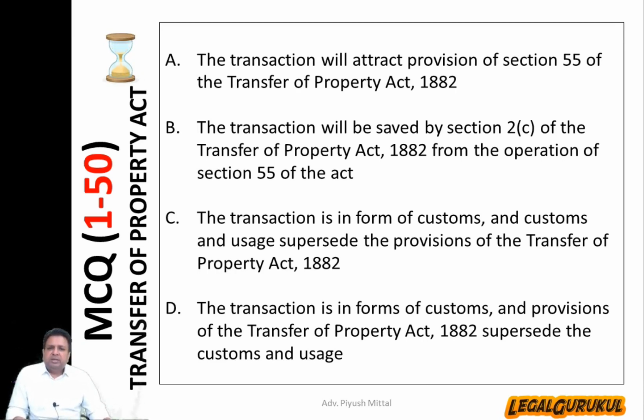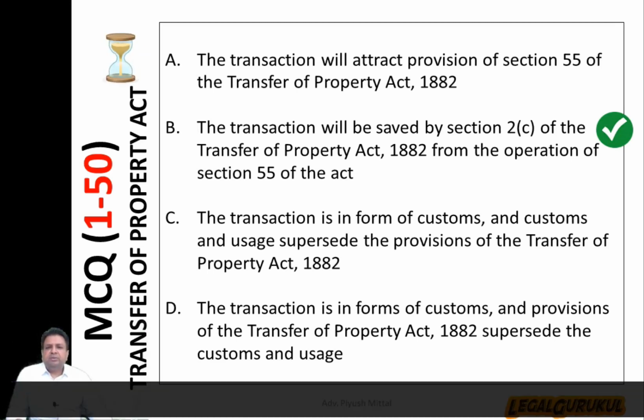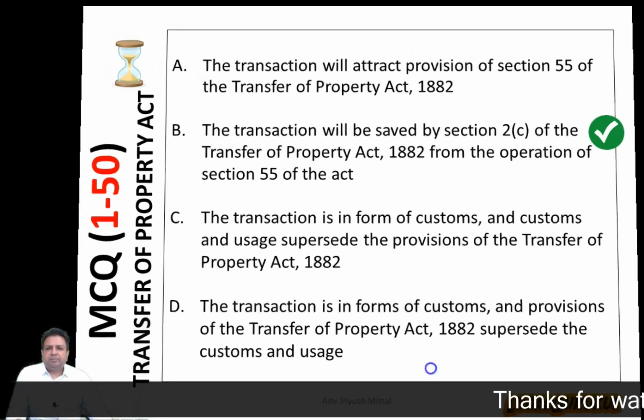Option C. The transfer is in the form of customs and usage supersede the provisions of Transfer of Property Act. Option D. The transaction is in the form of custom and provisions of the Transfer of Property Act supersede the custom and usage. And the correct answer is B. The transaction will be saved by section 2C of the Transfer of Property Act from the operation of section 55 of the Act.